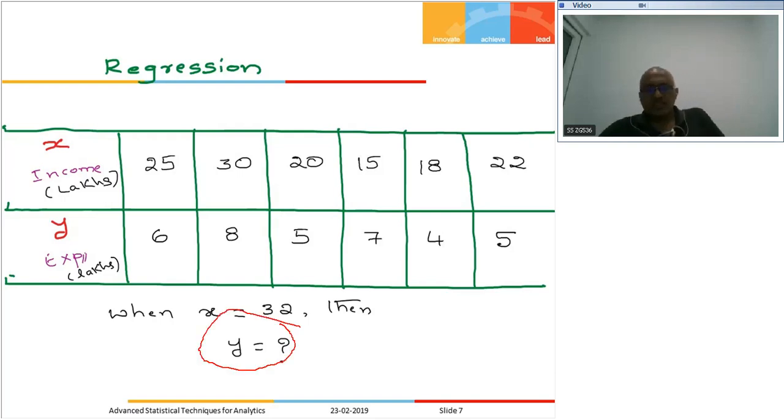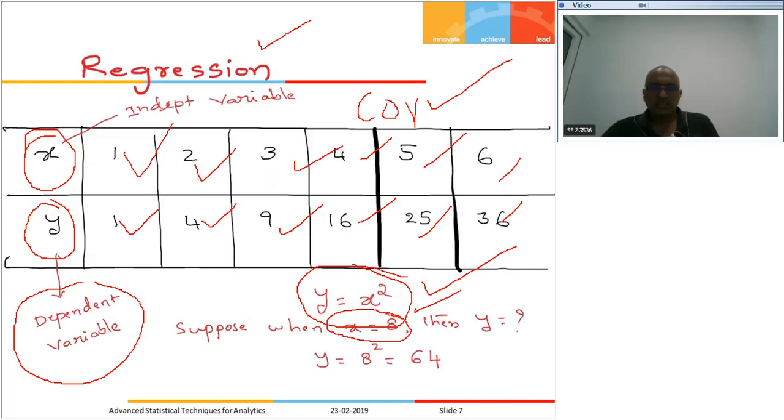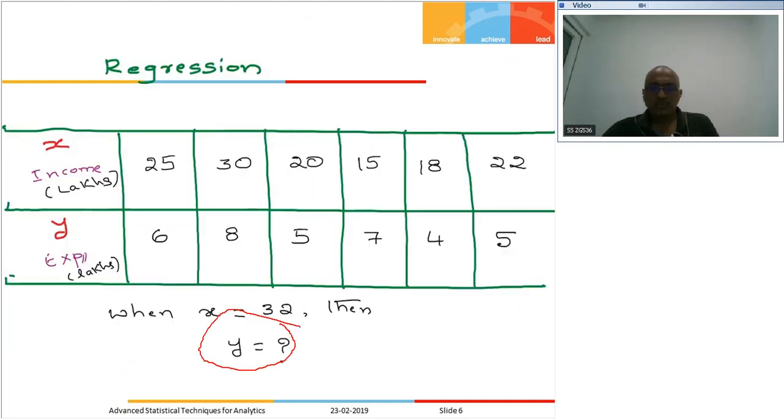So any answer for this? What will be the answer? Any guess, any try, what will be the Y value when X is 32? Approximately 8.5, approximately 9.